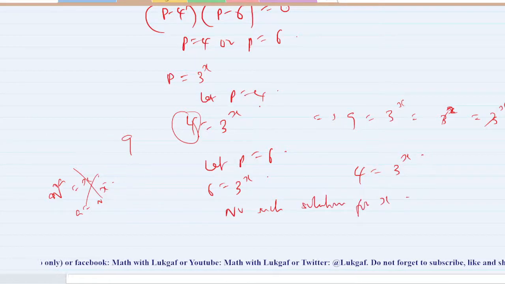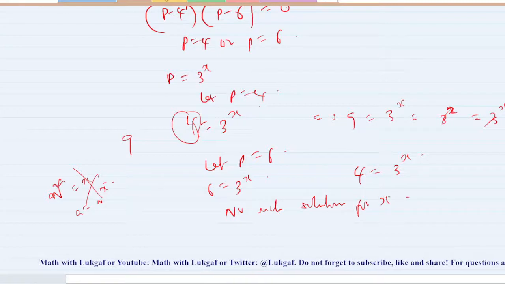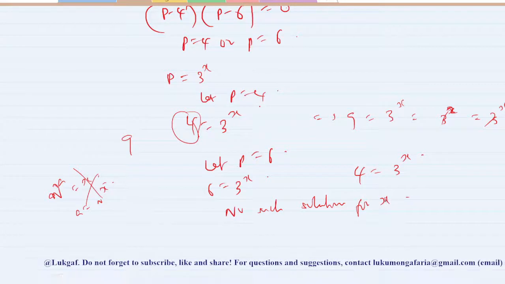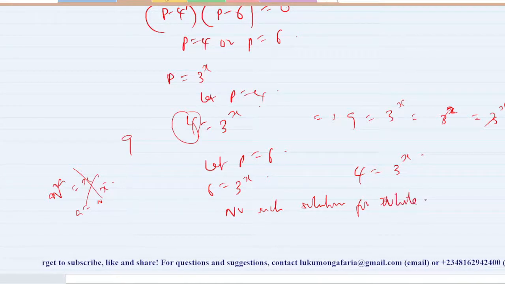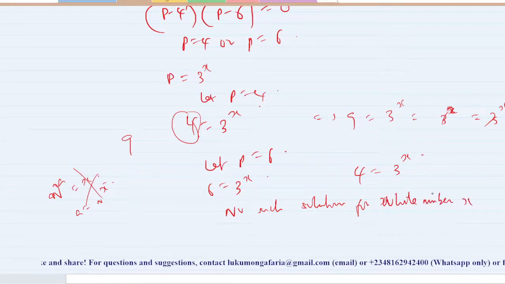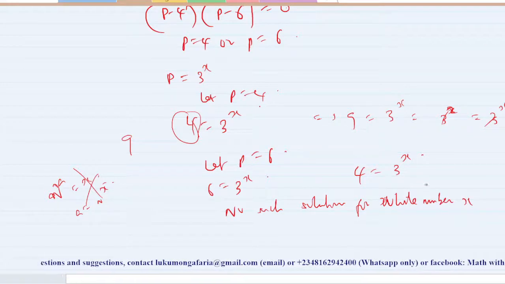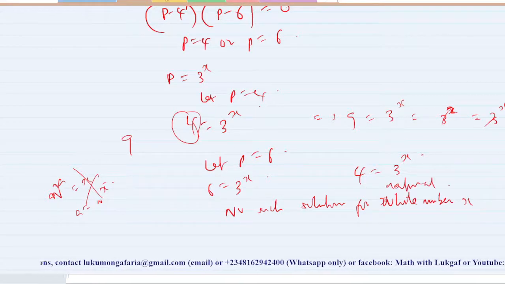You understand now? So you can say no such solution for whole number x or natural number x. Yeah, so that's that. I'm sorry for the type of question. I didn't solve it before.